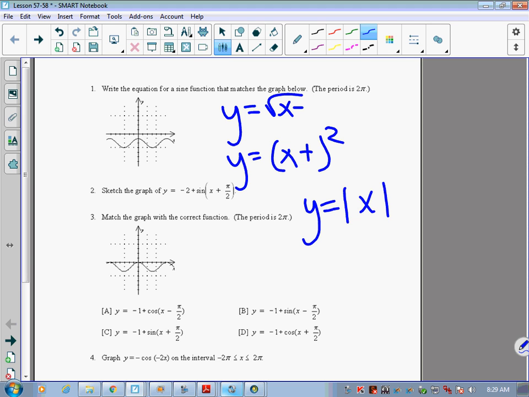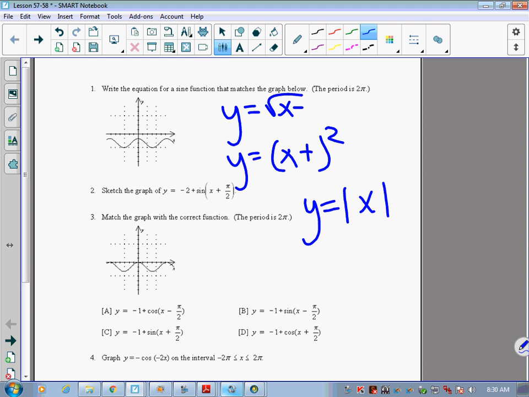So we write that, and we put that 2 in front of my function variable, in this case theta. If it went through 4 periods in 360 degrees, we would call that y equals sine 4 theta. If it went through only half of its period in 360 degrees, we would say y equals sine 1/2 theta. Okay, so the coefficient of theta is telling me what my period is.